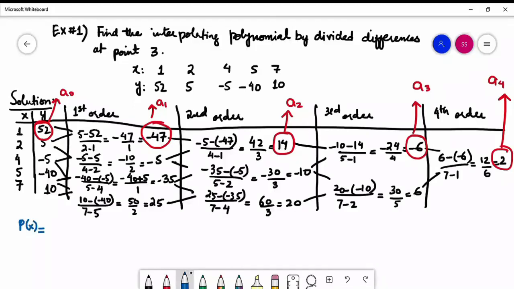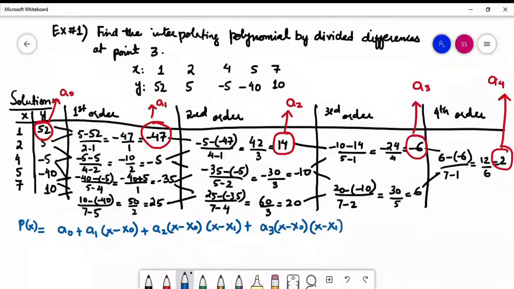Now let us construct the formula that involves the 5 coefficients: a naught plus a1 (x minus x naught) plus a2 (x minus x naught)(x minus x1) plus a3 (x minus x naught)(x minus x1)(x minus x2) plus a4 (x minus x naught)(x minus x1)(x minus x2)(x minus x3).